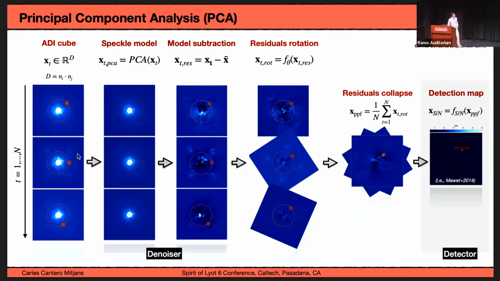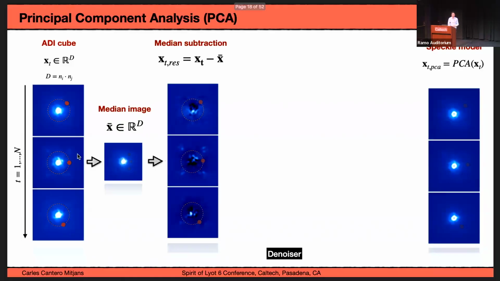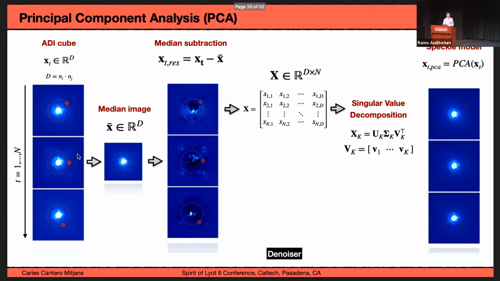You have seen the PCA, right? So let's put it inside there and see how it works. Basically, we take the median image and subtract it. Then from this cube of residuals, we construct these huge matrices of pixels, which are the input of the singular value decomposition.